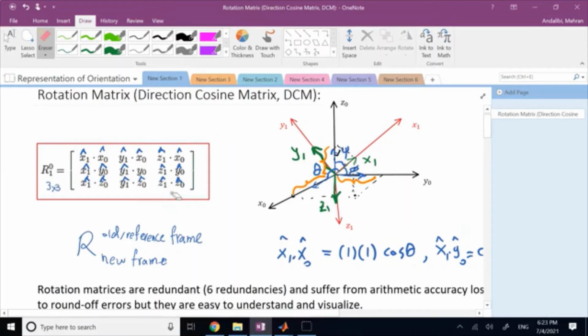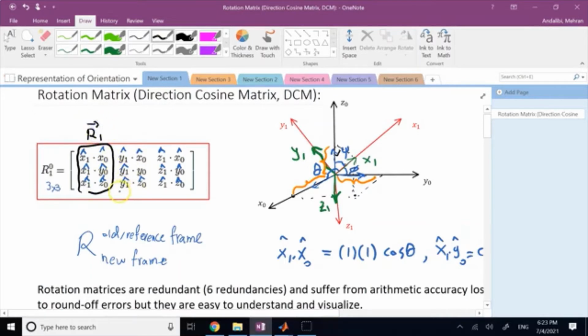Well, if you look at any of these columns, you'll see that the magnitude of each column is what? For example, let's look at the first column. What is the magnitude of the first column? So if I call this whole first column, let's say, vector R1, correct?